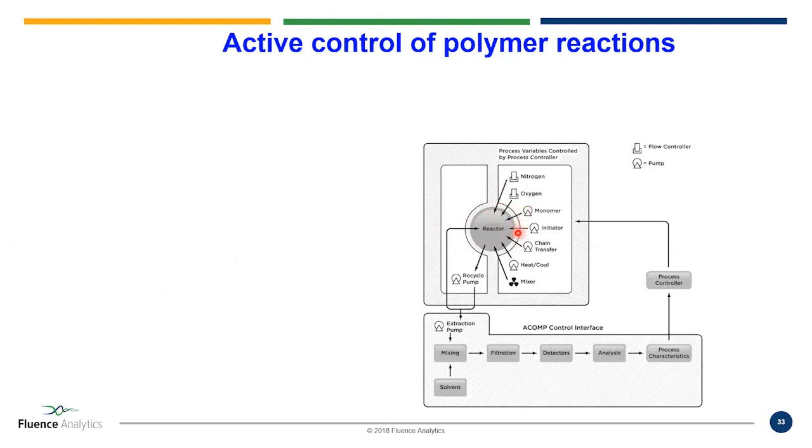You can add co-monomers, chain transfer agent, initiator, change temperature, and so on. Now, the ACOMP system, as you know, is measuring all the polymerization characteristics as they're happening, including as you turn these knobs. So the idea is to take those characteristics, build a controller, feed it back, and turn the knobs to get the polymer you want.